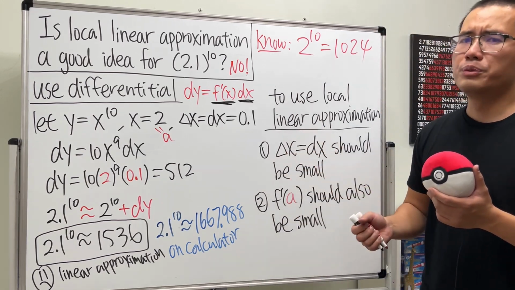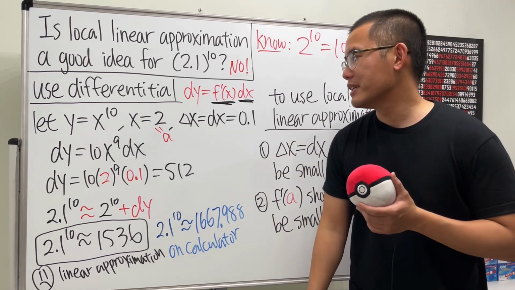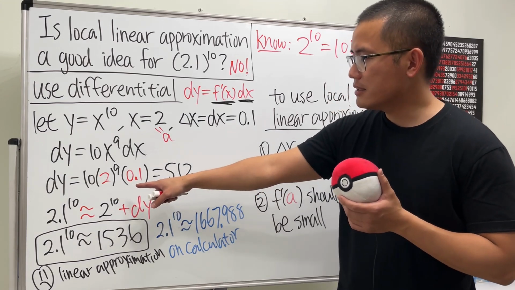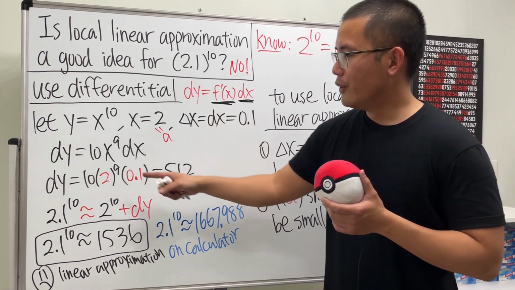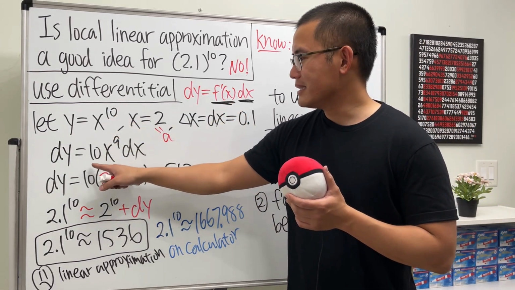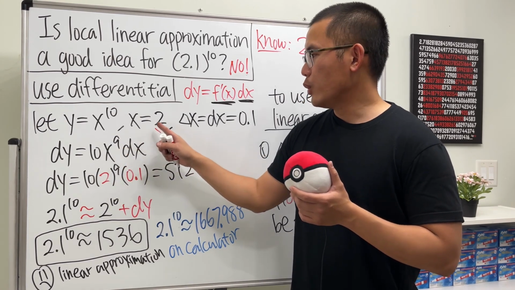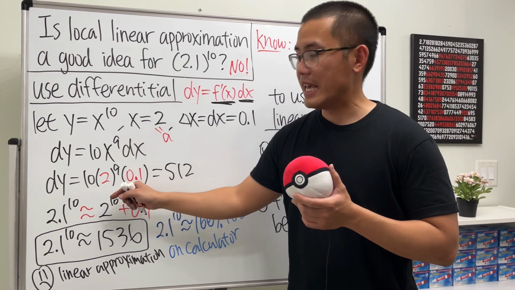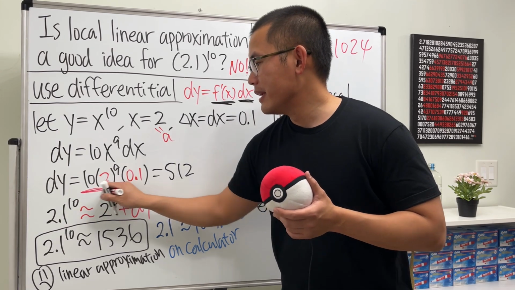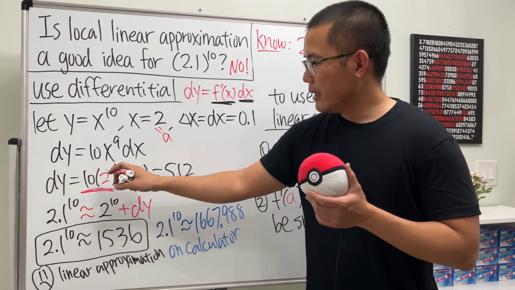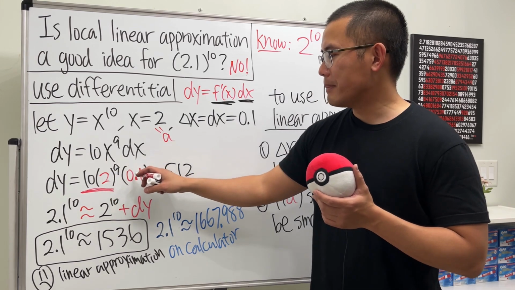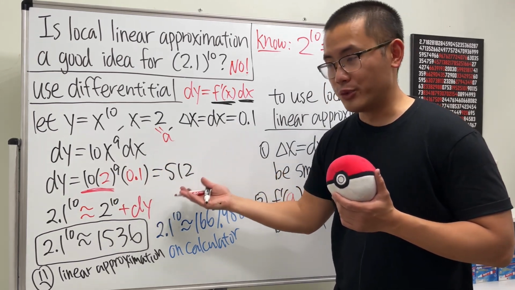If one of them is too big, then we have to worry about it. As you can see this time, the derivative for x to the 10th is 10x to the 9th power, and when we plug in 2, this part is a pretty big number. Big enough so that when you multiply by 0.1, it's still too big.